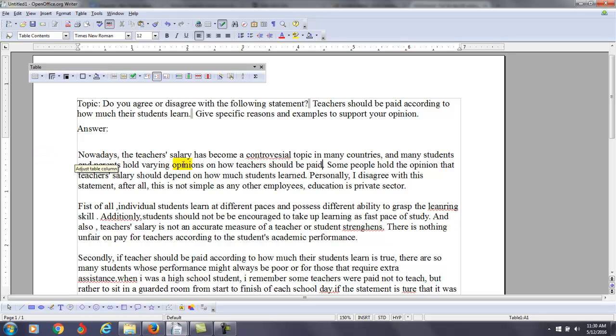Some hold the opinion that teachers' salaries, make this plural, should depend on how much the students learn. Personally, I disagree with this statement.